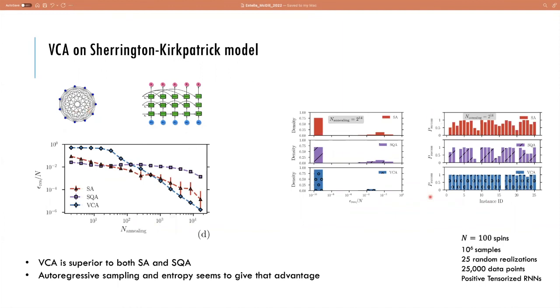And when we look at the 25 realizations of the Sherrington-Kirkpatrick model, we look at the probability of success at this annealing time. We notice that basically VCA almost always finds the solution with probability of success 1. It's only for one instance that it fails. Okay, it's kind of odd. When it doesn't find it, it just doesn't find it.